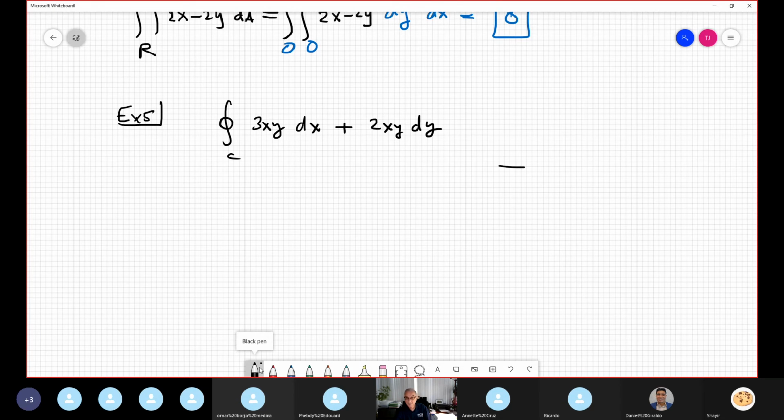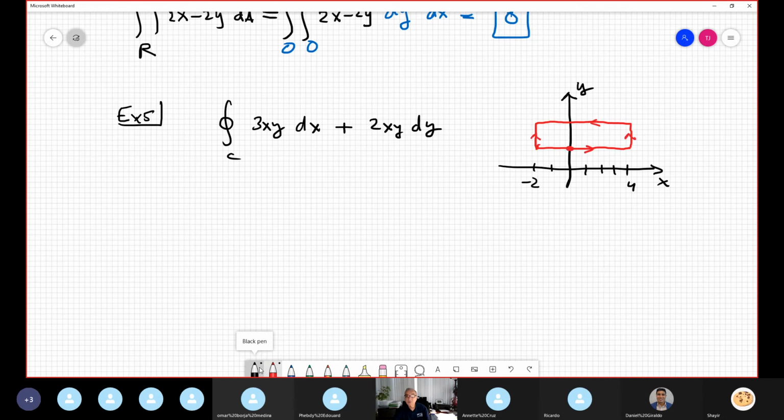C is a rectangle like that, from -2 to +4 in x, and from 1 to 2 in y. This distance is 2, and this distance is 1. It's a closed curve. Super.